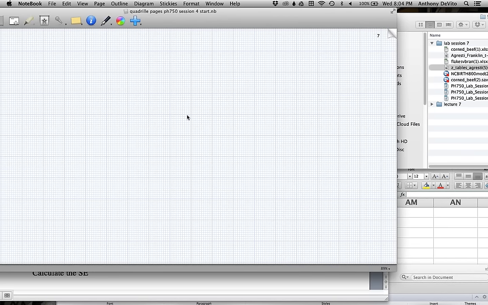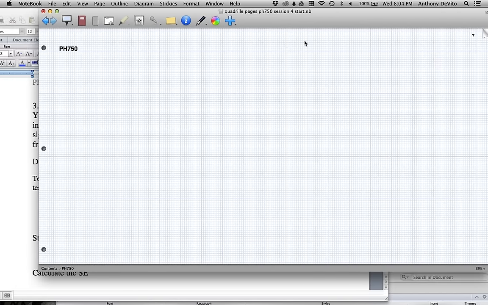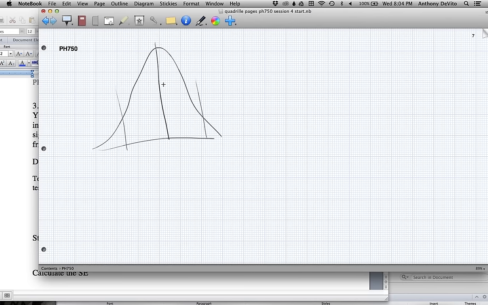What happens with the t-distribution is, remember we have the standard normal distribution I drew, and I know that 95% of the outcomes, if I take a sample of a certain size, are between 1.96 standard deviations below and 1.96 standard deviations above. That's if I have perfect knowledge of the standard deviation, a giant sample size, and so on.